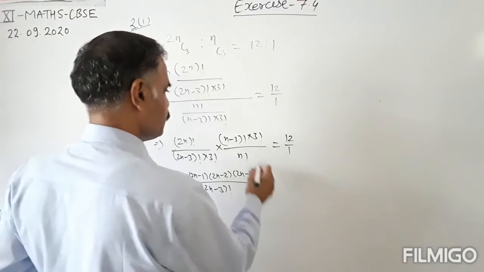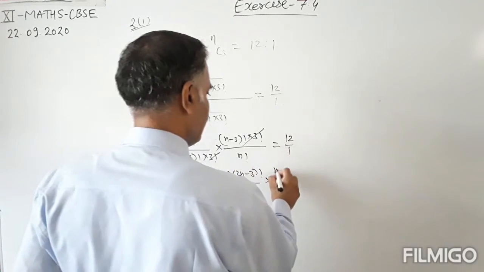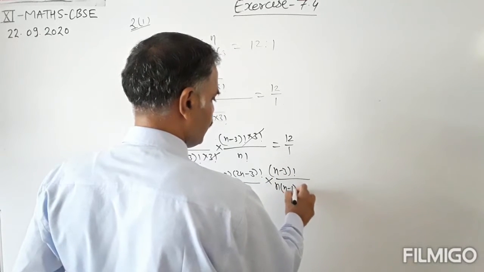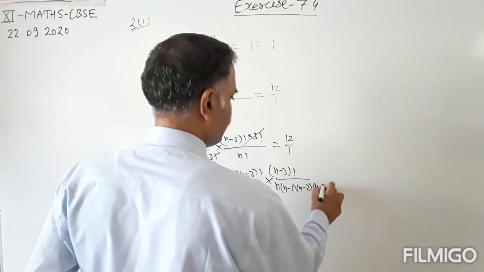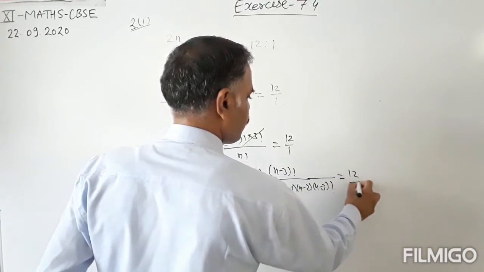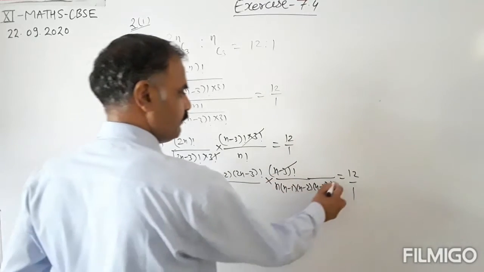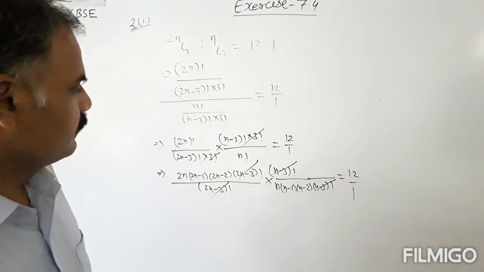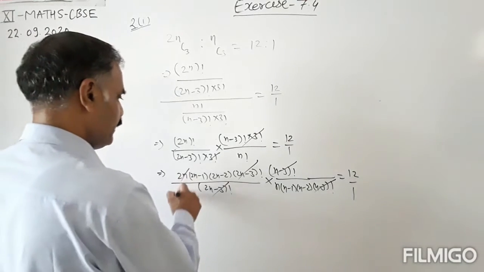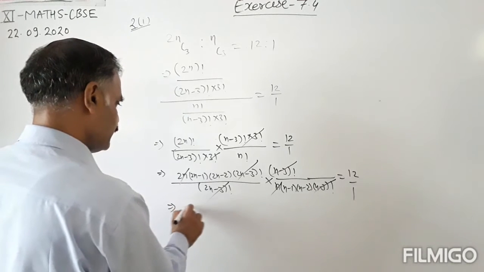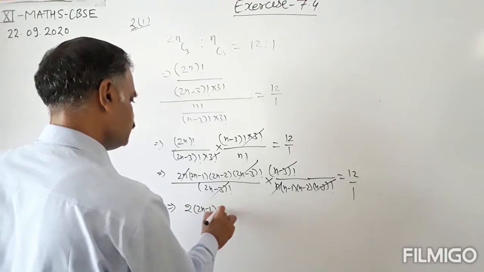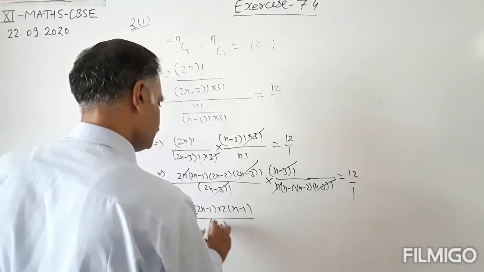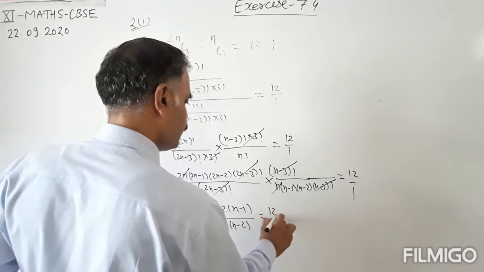We cancel 3 factorial, and n factorial will be expanded to n into (n minus 1) into (n minus 2) into (n minus 3) factorial. We cancel (n minus 3) factorial and (2n minus 3) factorial, and we cancel n. This can be written as 2 into (2n minus 1) into 2 into (n minus 1) divided by (n minus 1) into (n minus 2), which equals 12 upon 1.